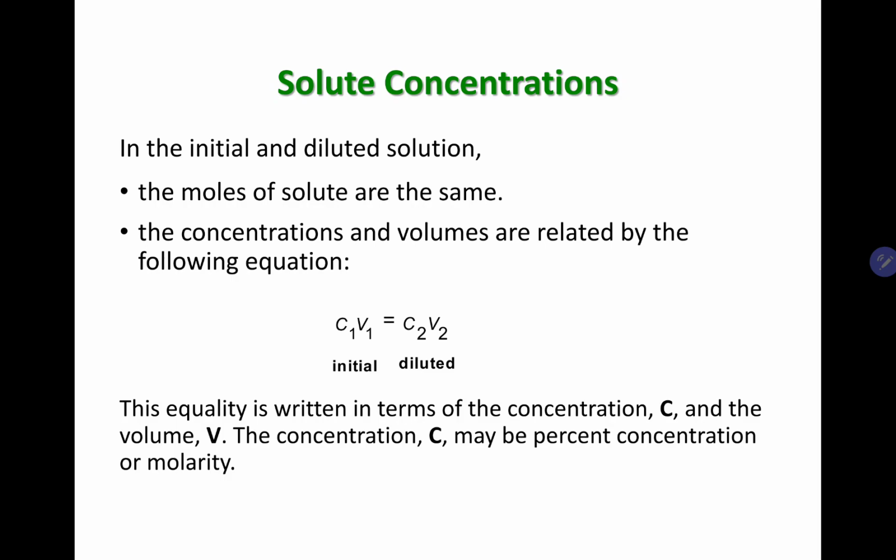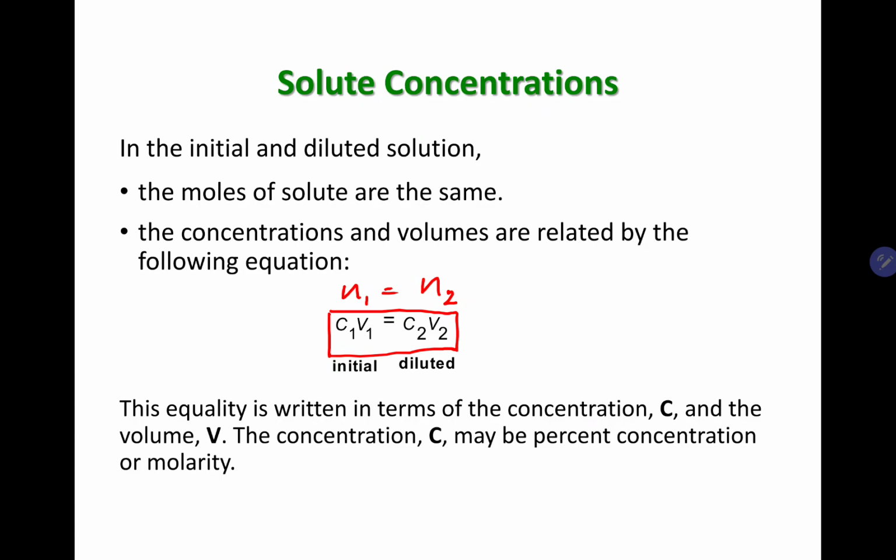So the initial number of moles is equal to the final number of moles. That is why we came up with this equation. So C1V1 equals C2V2, initial and diluted.